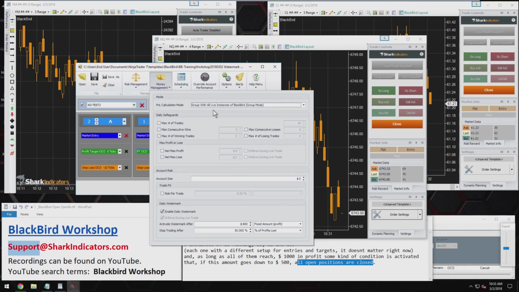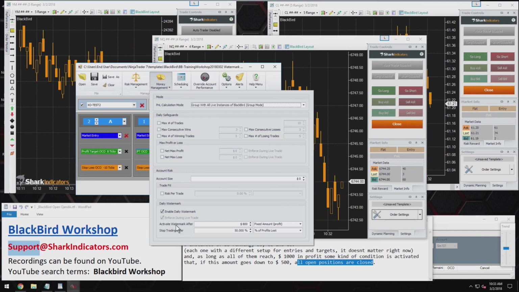So what that does is, all three Blackbirds will have their profit and losses added together as a group. So that way this watermark, it's evaluating the combined net profit total of all three Blackbirds.